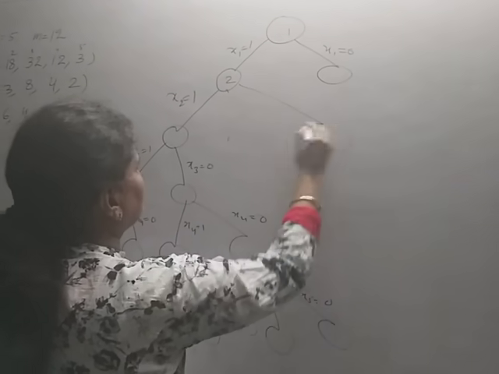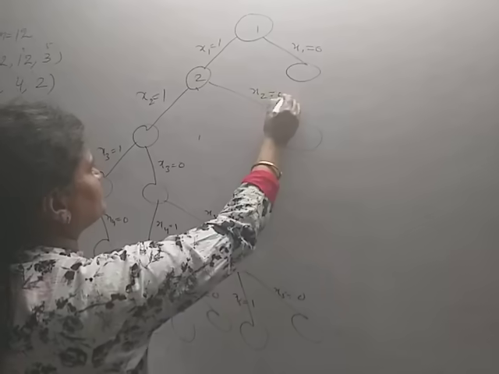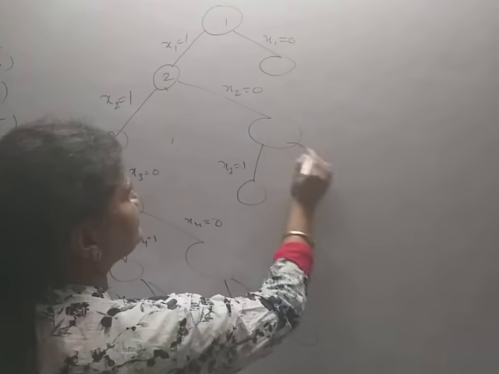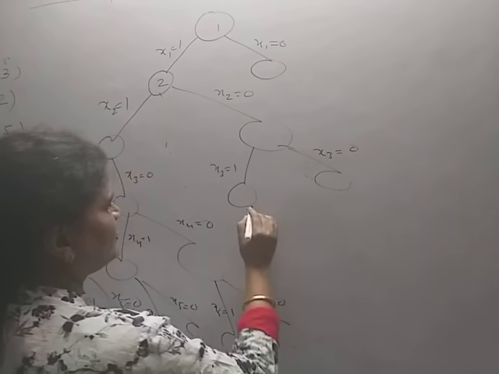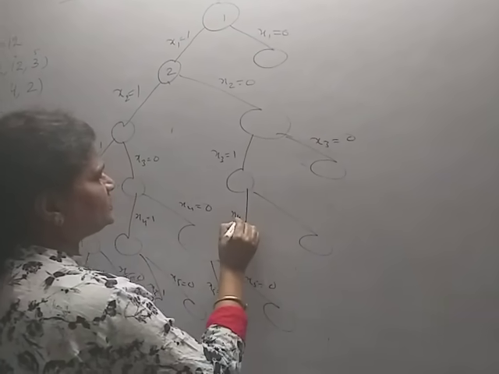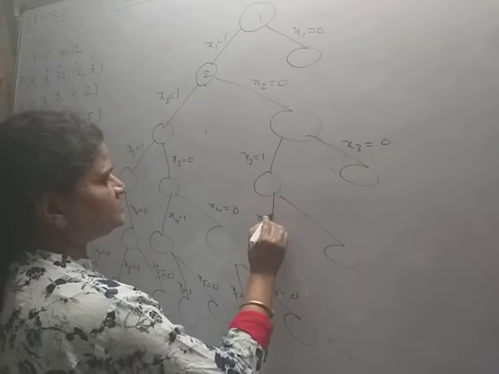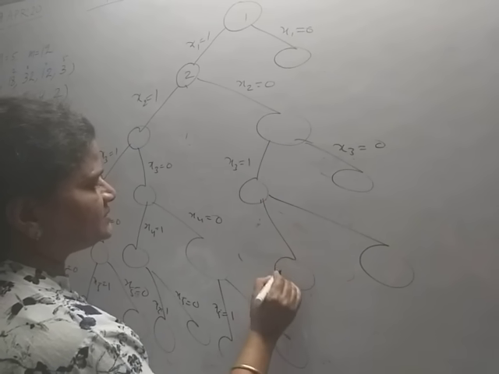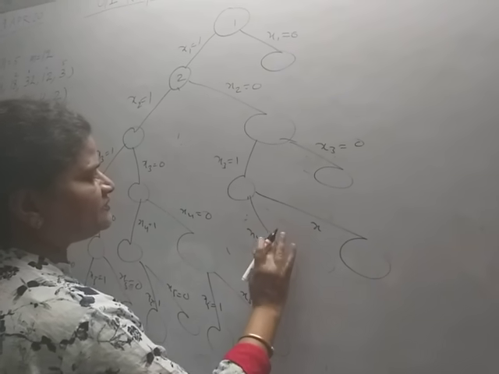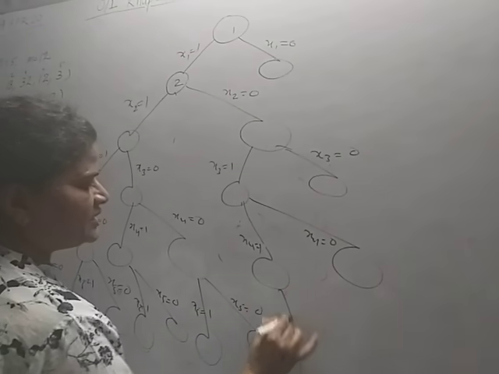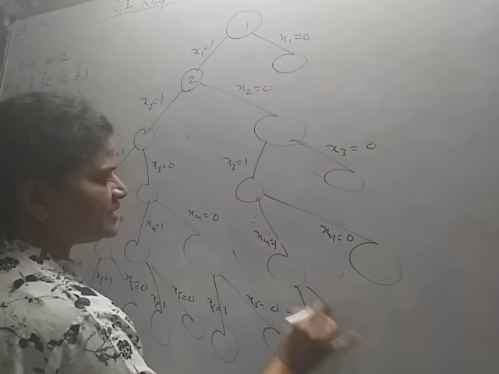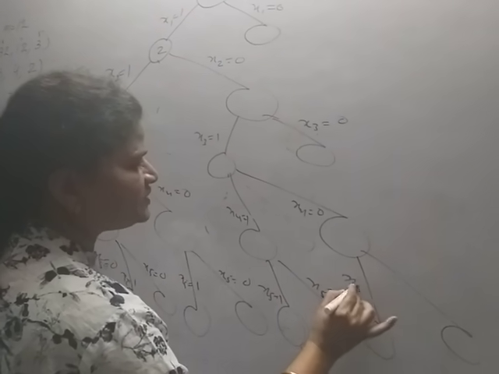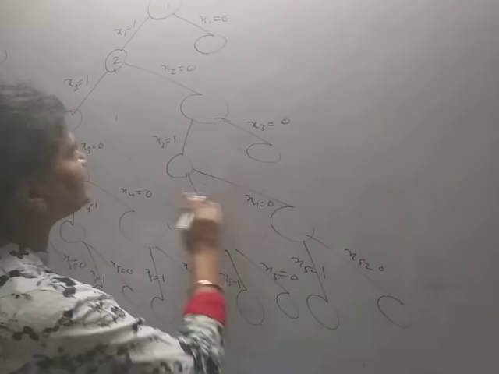Same here, x2 equal to 0, x3 equal to 1, x3 equal to 0, x4 equal to 1, x4 equal to 0, x5 equal to 1, x5 equal to 0, and so on.